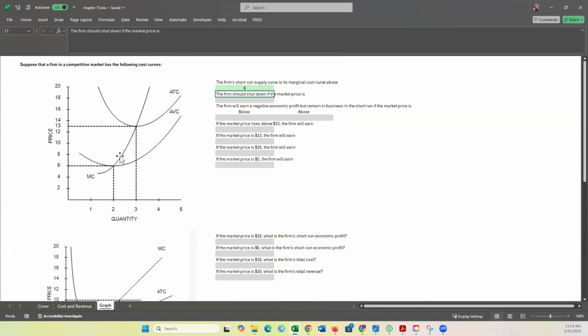Why does that make sense? The average total cost has fixed cost. I'm making pizza and I'm chipping away at the fixed costs. I'm making more than what it costs to make the pizza, but I still owe the lease. I still owe the payments on my pizza making machinery, whatever.